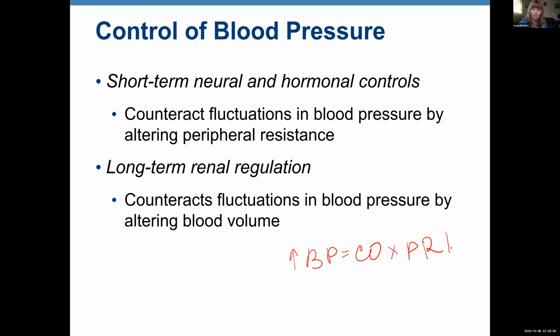Well, we decrease peripheral resistance. If this gets smaller, then blood pressure will go down. Make sense? And this would be short-term, easy neural or hormonal control, because it's easy to regulate peripheral resistance. All we need to do is dilate or constrict blood vessels. Long-term regulation will take time and it's going to last longer, and this will alter blood volume.